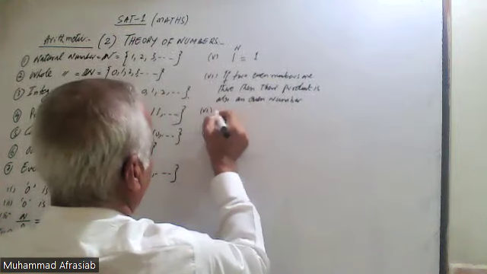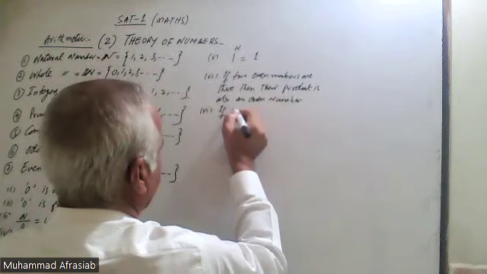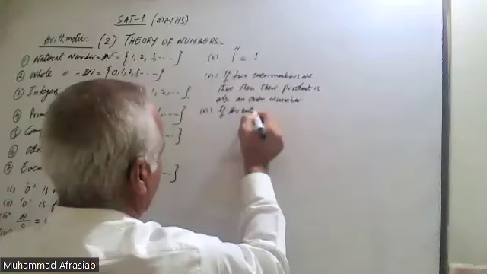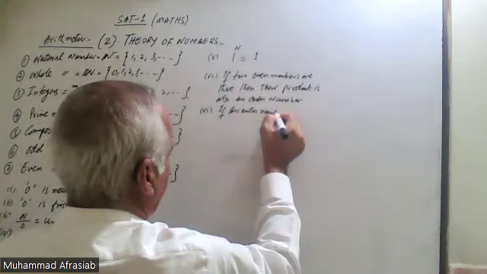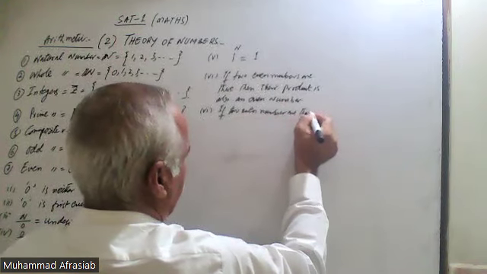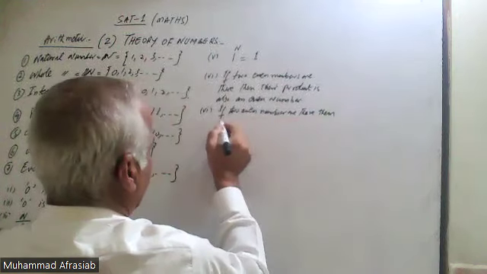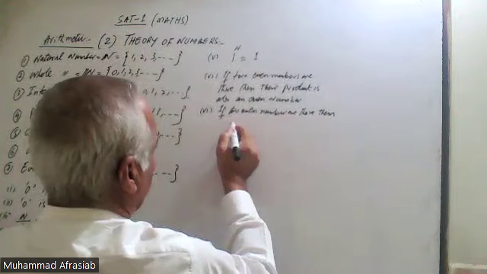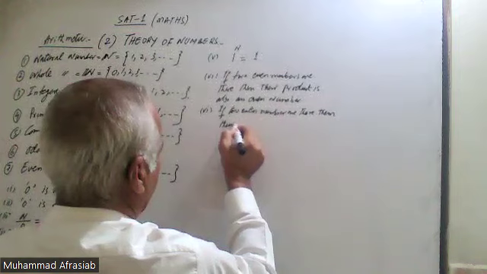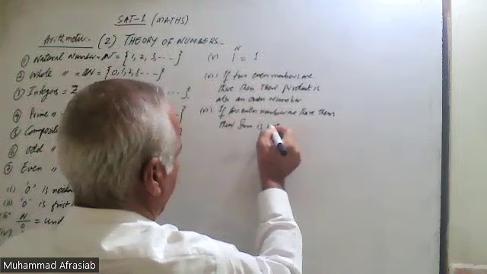If two even numbers are there, then their sum is even number.